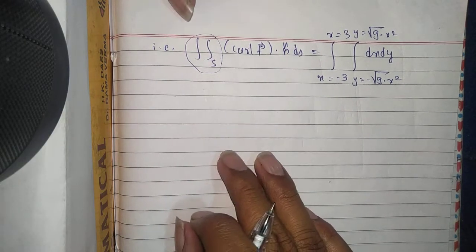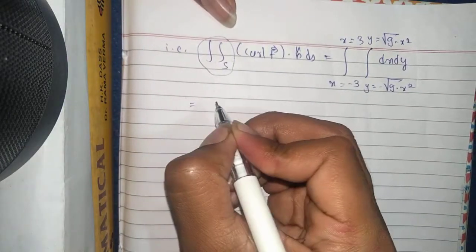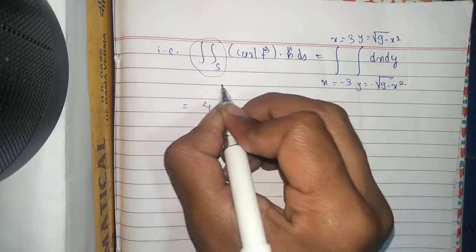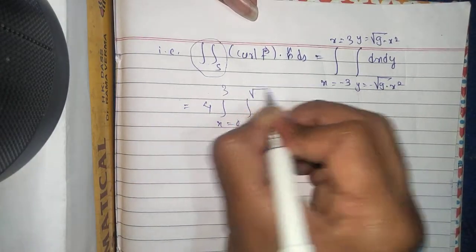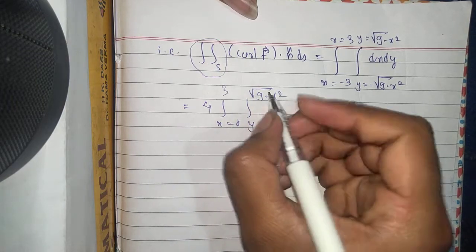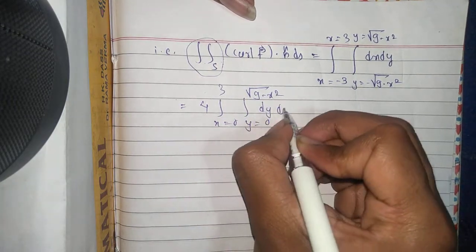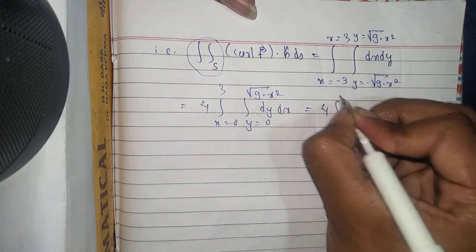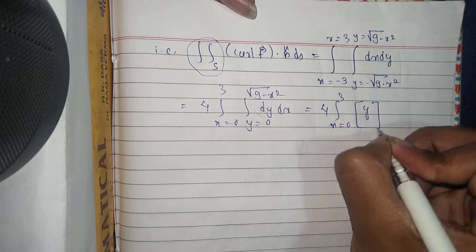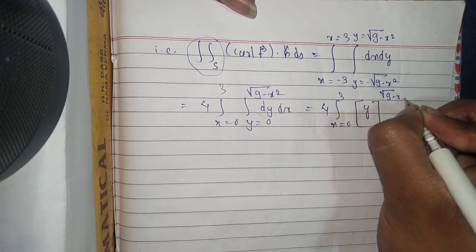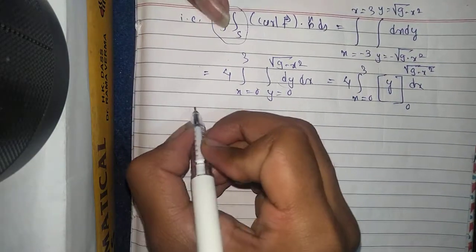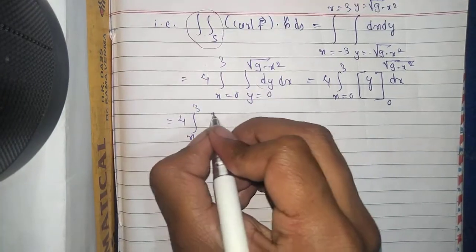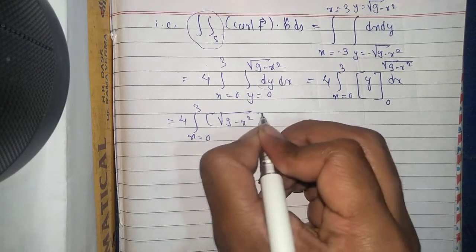At the first integration, let us simplify it. We can write it as 4 times the integral x equals 0 to 3 and y equals 0 to root 9 minus x square, dy dx. Let us integrate along dy. We get 4 times the integral x equals 0 to 3 of y from 0 to root 9 minus x square dx, equals 4 times the integral x equals 0 to 3 of root 9 minus x square dx.